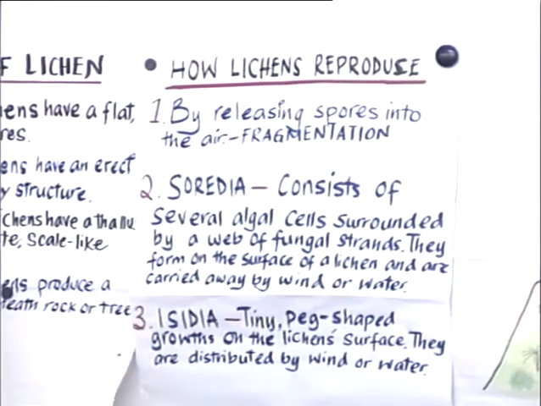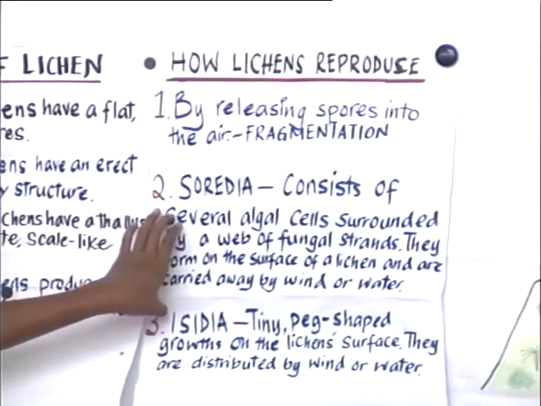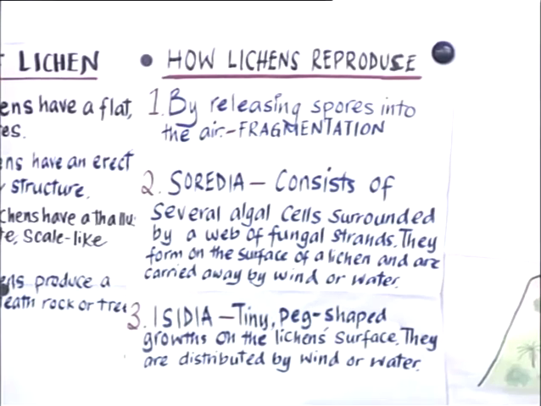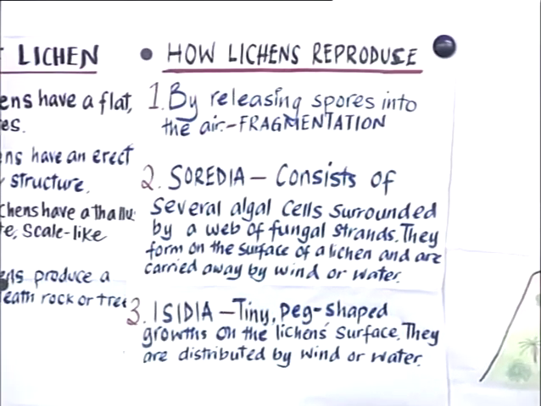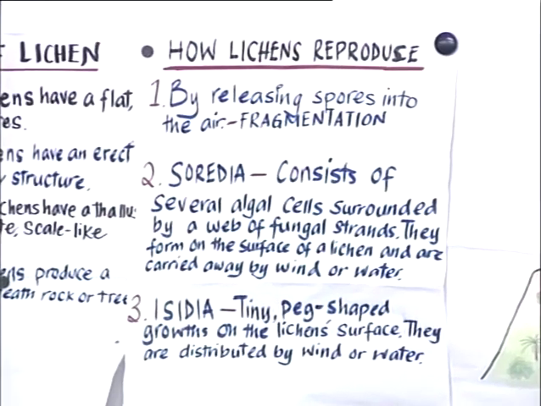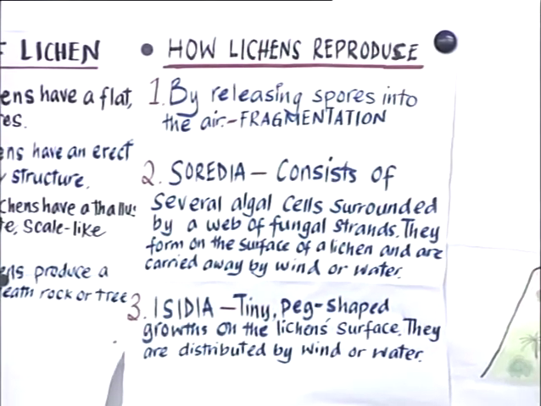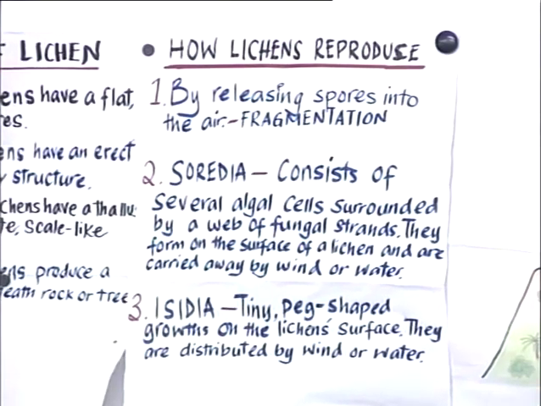And second is soredia. On the surface of the lichen, soredia are growing.